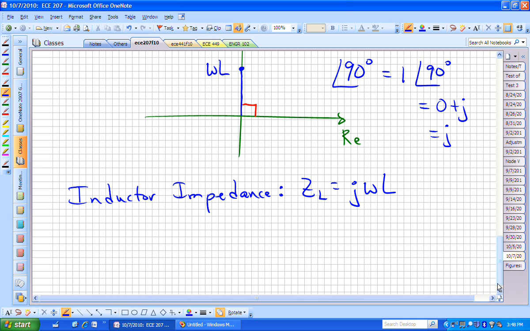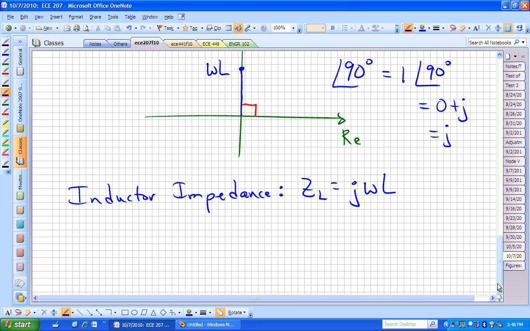Everything it takes on, it gives back. If it's ideal, there's no resistance. In real systems, there is some resistance in the wire or coil, so you would represent a real inductor as having a little resistance plus j omega L, if you were analyzing it in sinusoidal steady state.